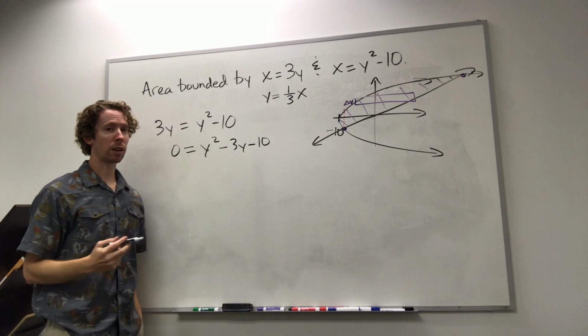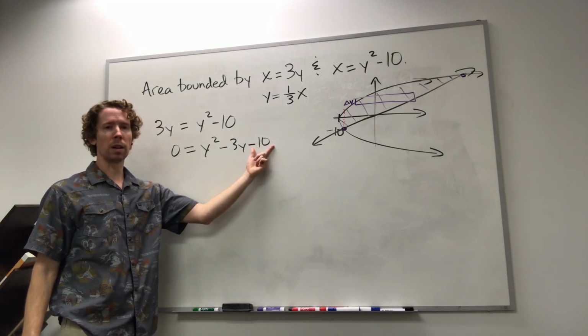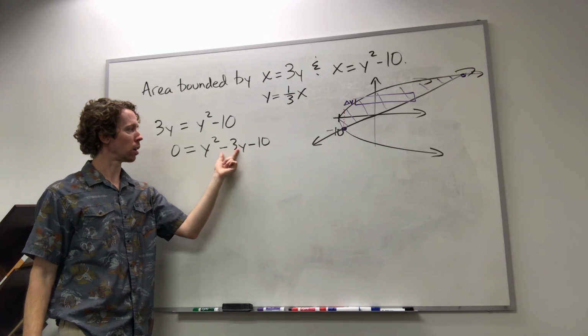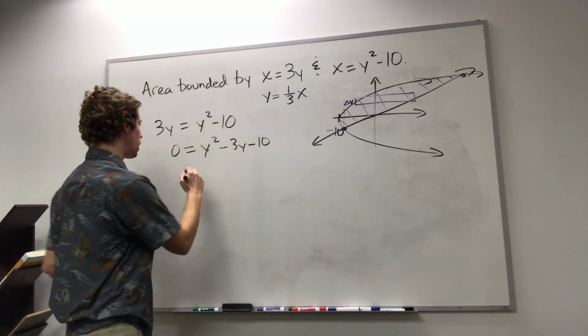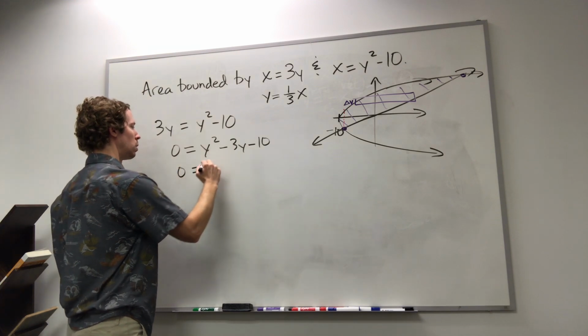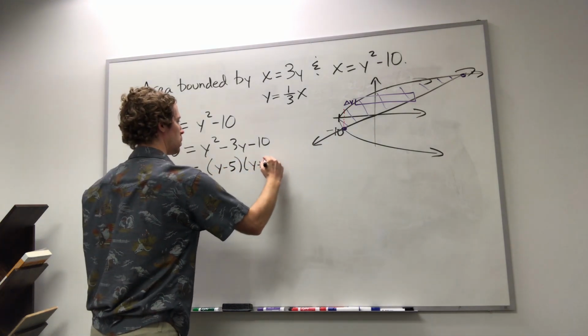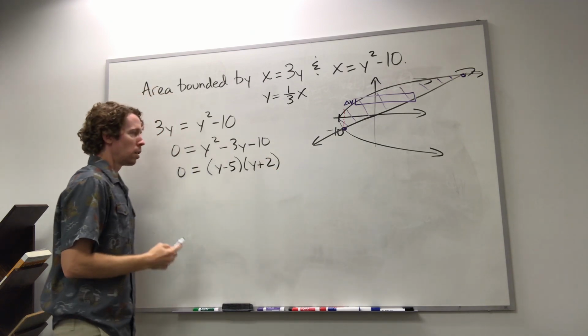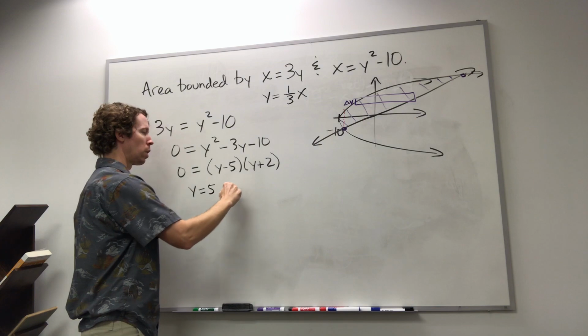And if I can factor that, that would be nice. I would need two numbers that multiply to negative 10 and add to negative 3. Negative 5 and positive 2 will do that. So now the solutions to this equation are y equals 5 and y equals negative 2.